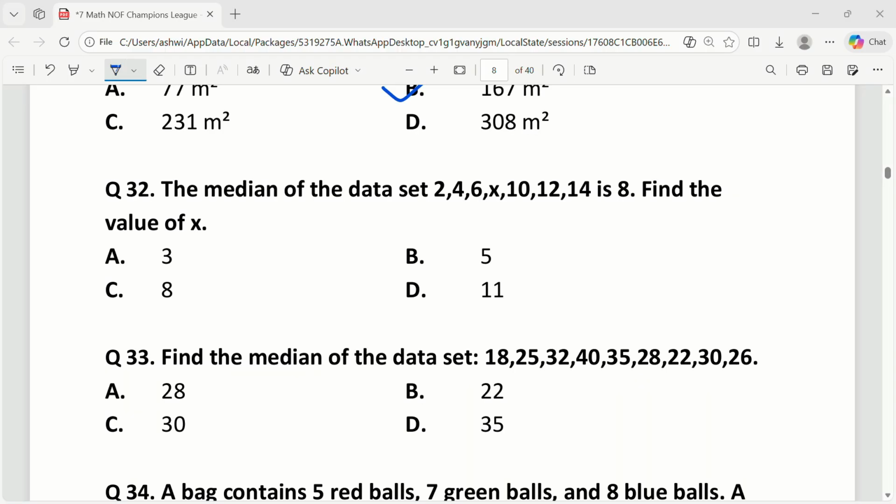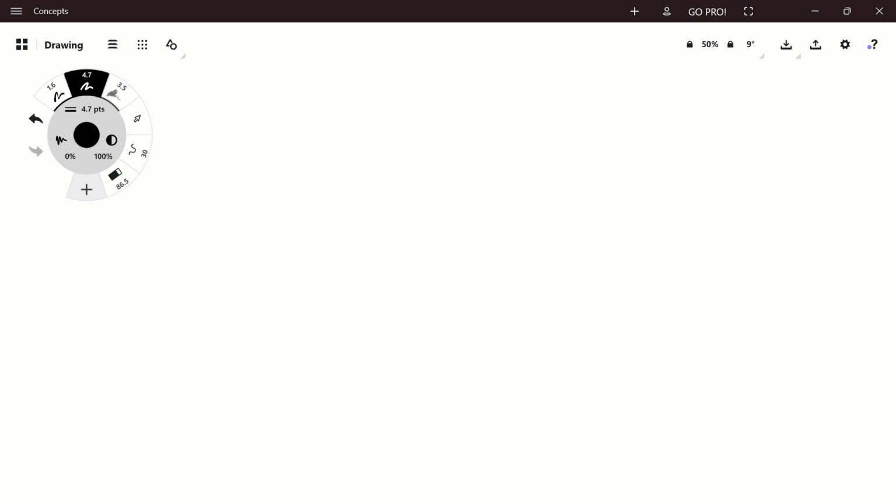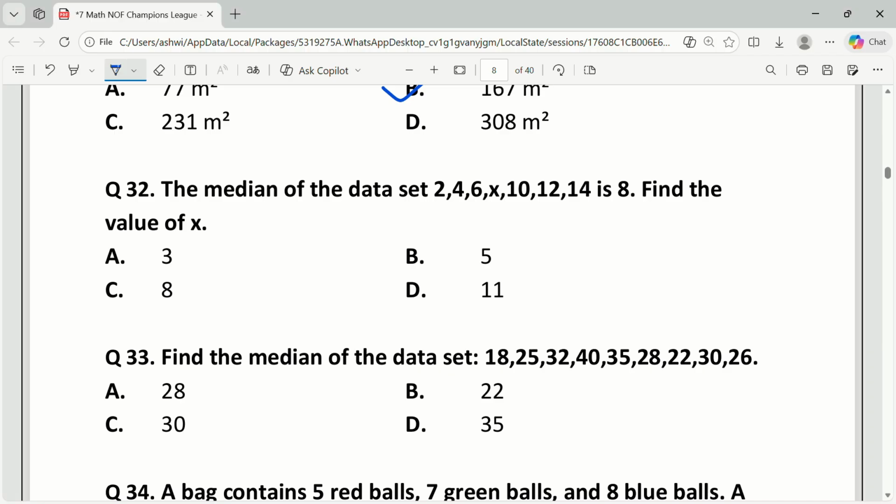Question 32. The median of the data set 2, 4, 6, x, 10, 12, 14 is 8. Find the value of x. The median of a data set is the middle value when the data points are arranged in order. Given the data set, there are 7 data points, which is an odd number.